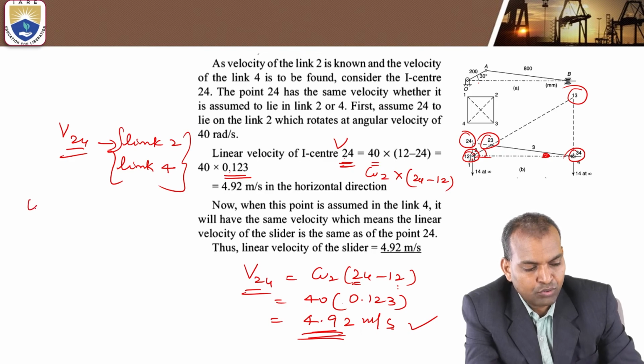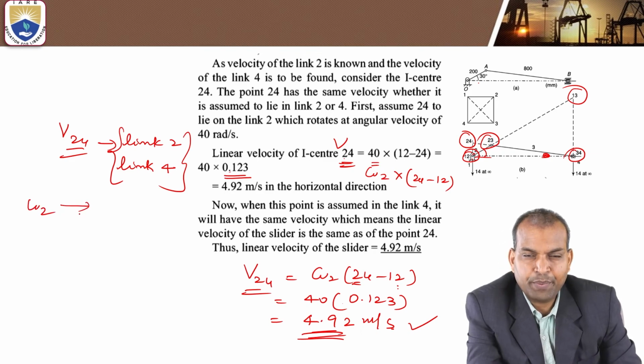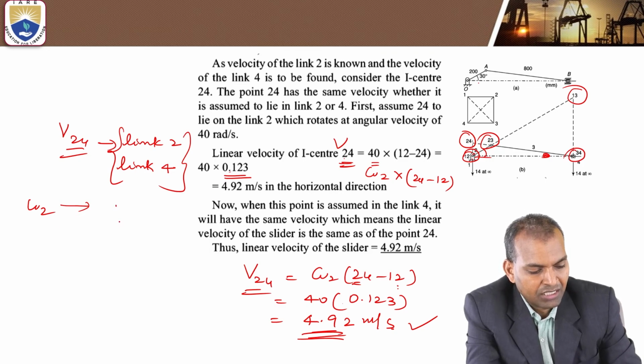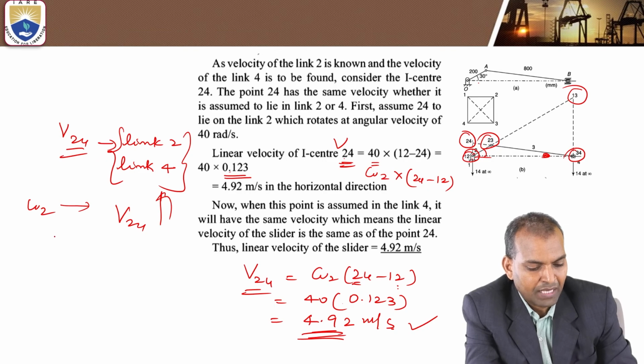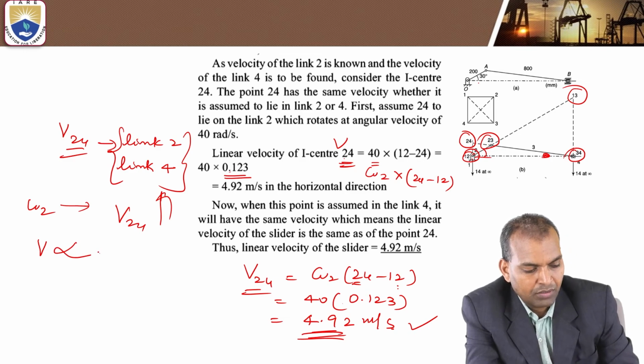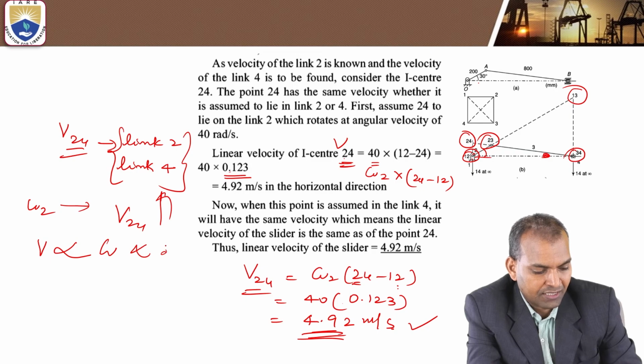If omega 2 varies, what will happen? If it increases, the linear velocity also increases. So linear velocity is proportional to both the angular velocity omega and the distances.